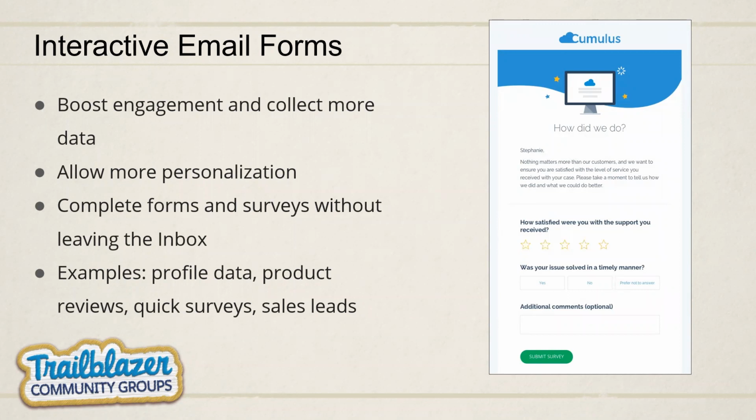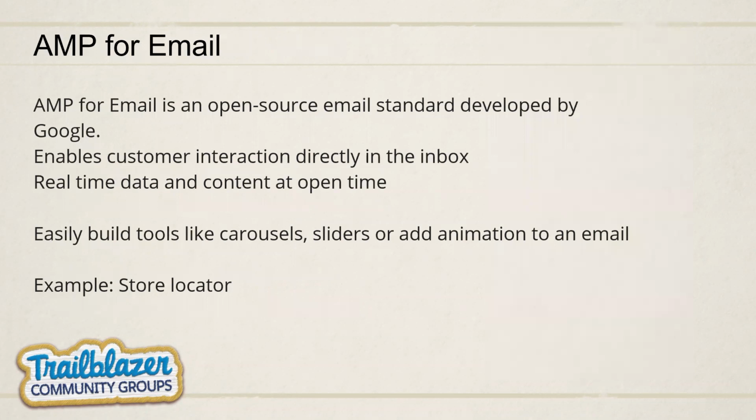And another thing is AMP for email. So it's a new edition, but not so new. 2 years ago, it was introduced. So it helps us create some content which is very dynamic, and it also helps us include some carousels or sliders, where in the email the reader can click and look at multiple images, or get to know multiple information in the single email, so that we're not including the content on multiple pages.